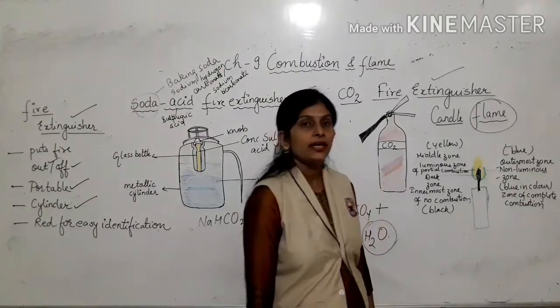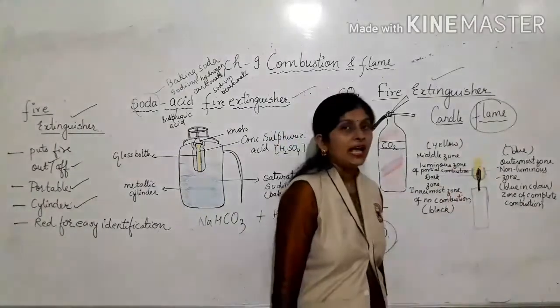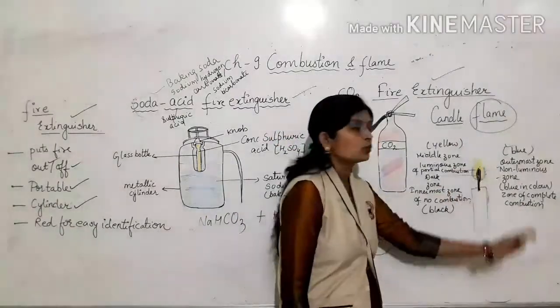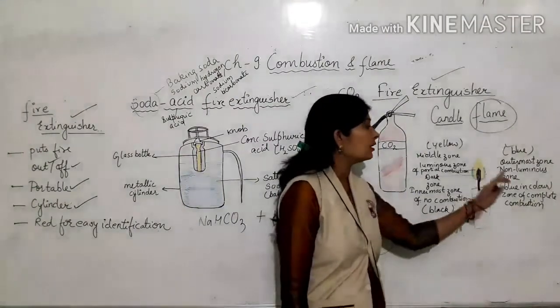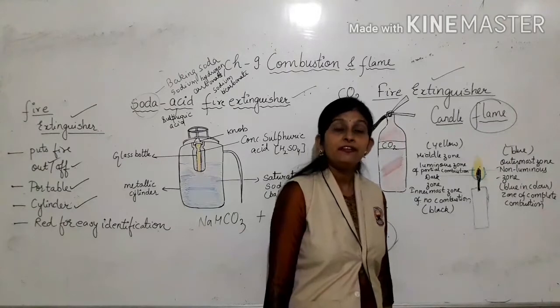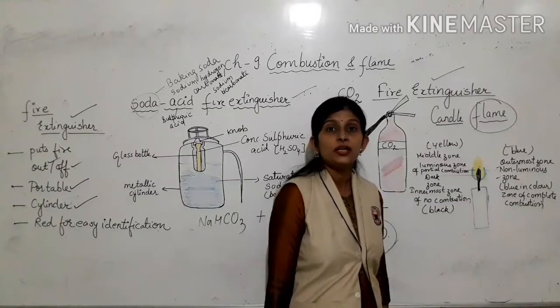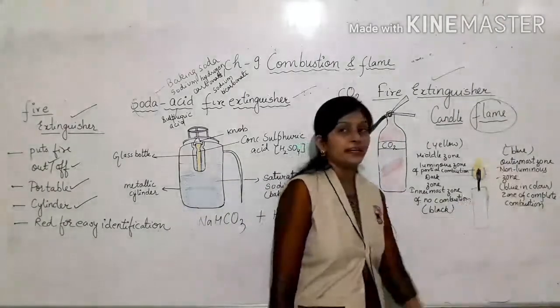So in this way, a candle flame has three zones which differ or vary in color because of the different amount of oxygen present in their areas.